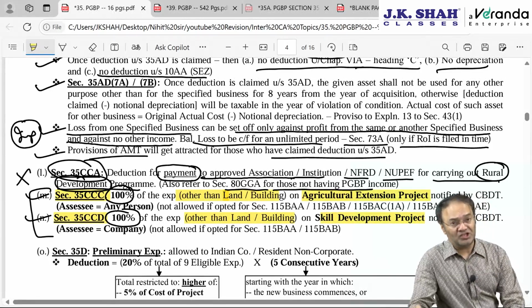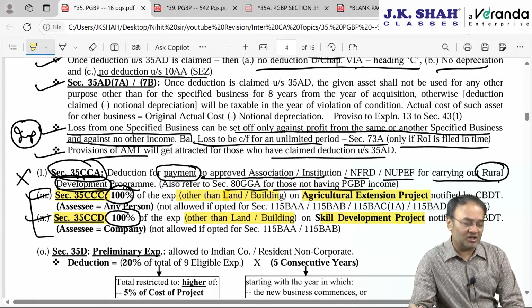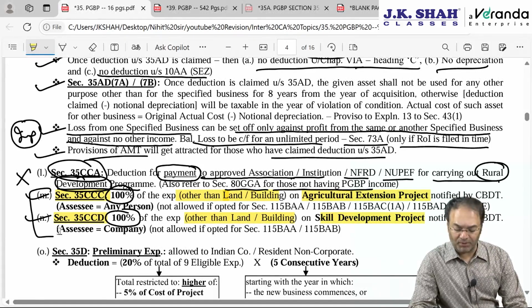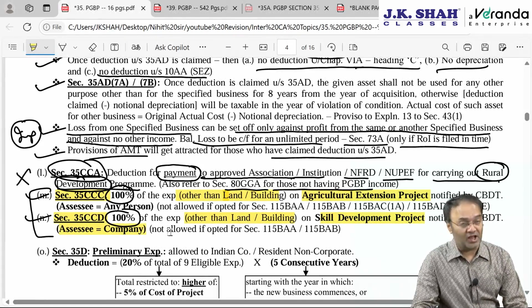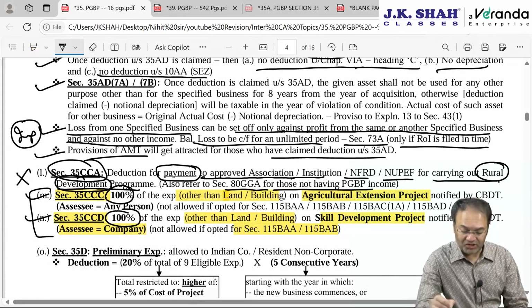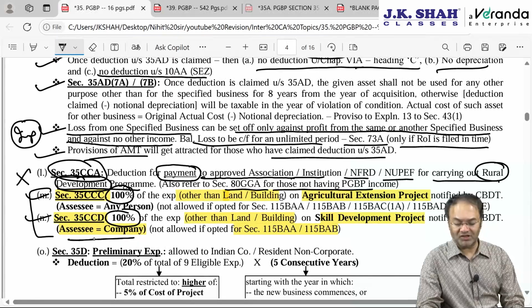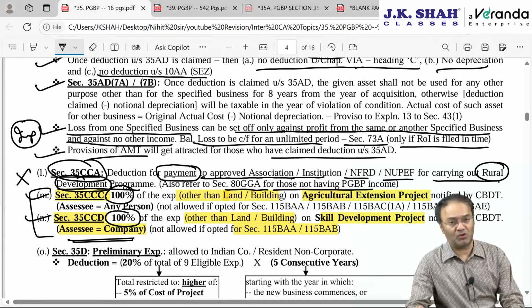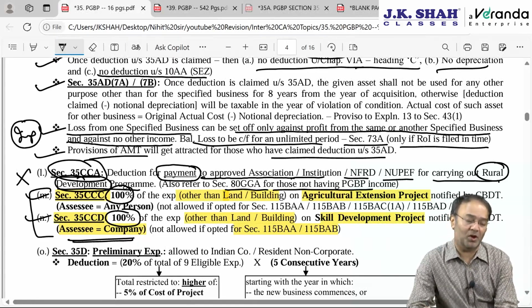However, skill development project expenditure other than land and building is allowed only to a company. The assessee should be a company and it is not allowed if opting for 115BAA or BAB. Okay, these two are important. You need to remember 35CCD is allowed only to a company, not allowed to individual, HUF, AOP, BOI.